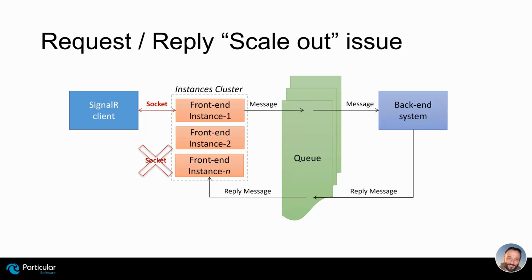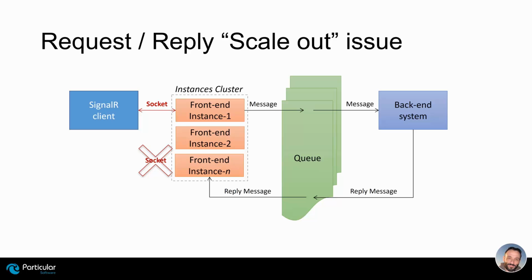And the technology that the client is using to stay connected to the front end cluster is not aware of the existence of the cluster, so it is directly connected to a specific instance in the cluster. As we are seeing in this sample, it may happen that instance N, the third one of the front end, is the one picking up the reply, and as soon as this instance tries to go back to the original WebSocket client, that specific client is not there.